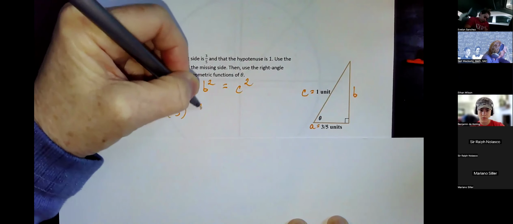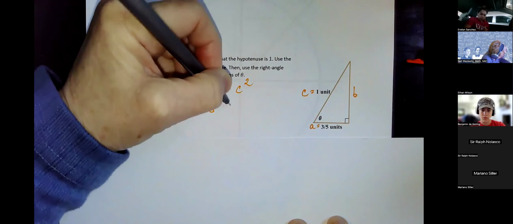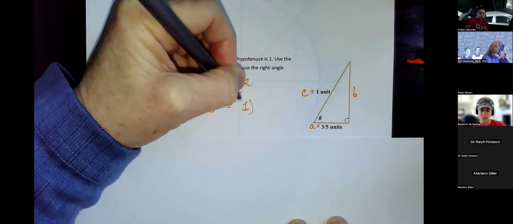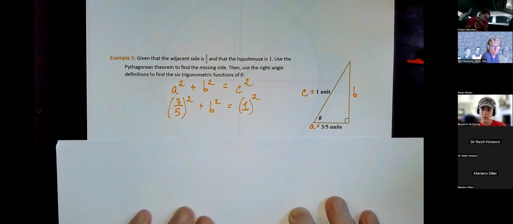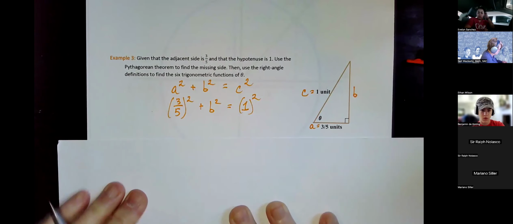All right. And I'm just putting everything in parentheses to get used to that. It's better to have them and not need them than to need them and not have them. Yeah.